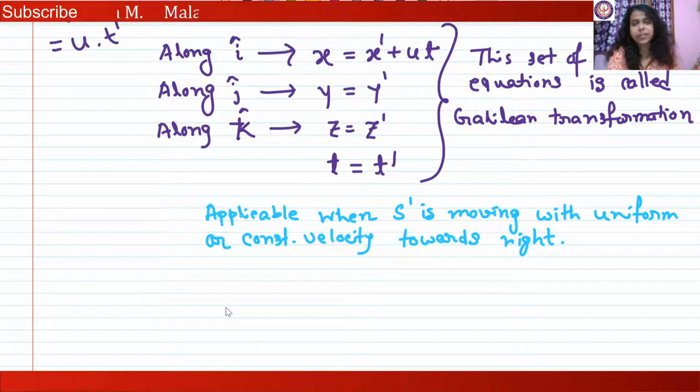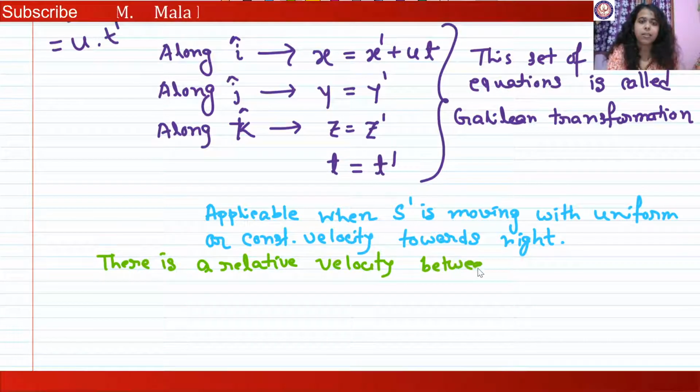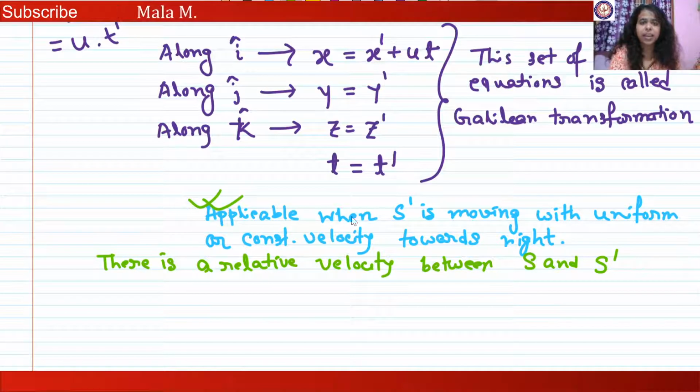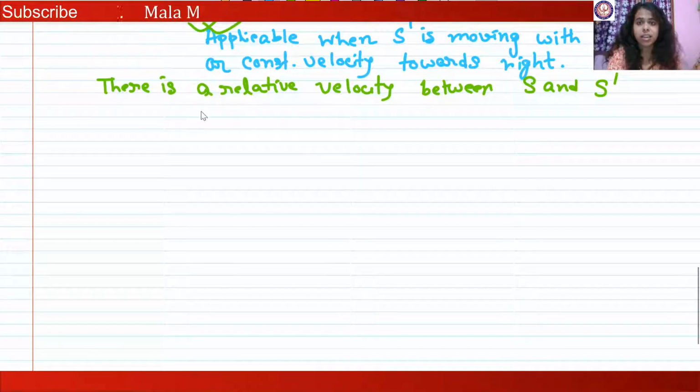Now, in physics, everything is relative. So, basically, we can say that there is a relative velocity between S and S prime. So we can say this sentence in a different way. How differently can we say it?